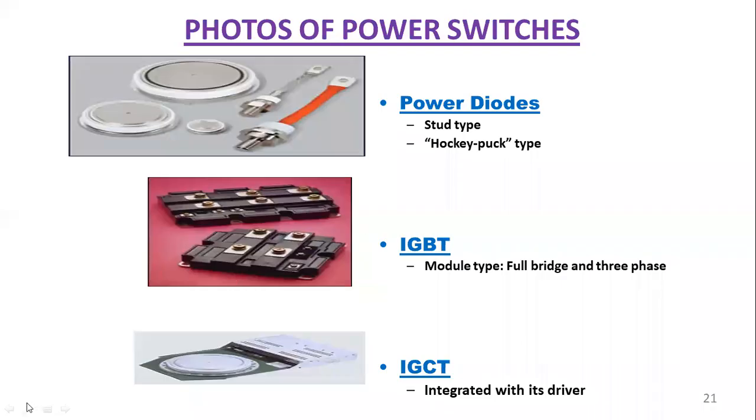Now slowly I am bringing you to the subject. Here I have shown you photos of some power switches. In this module you are studying power diodes, then power MOSFET and IGBT. Practically, this is how they look. This is a power diode, this is an IGBT, then this is an IGCT.